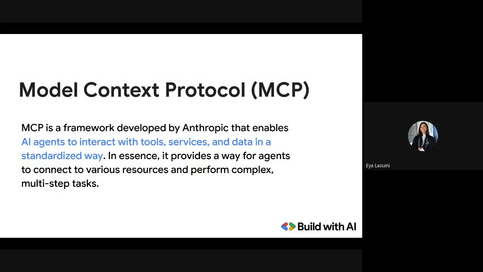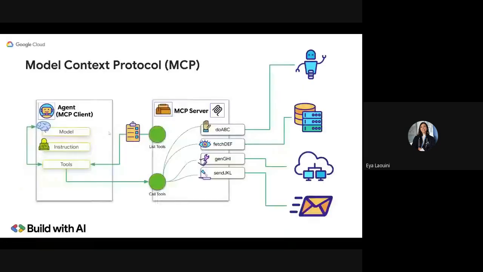So as you said, basically, Model Context Protocol or MCP is a framework developed by Anthropic that enables AI agents to interact with tools, services, and data in a standardized way. It provides a way for agents to connect to various resources and perform complex multi-step tasks. So MCP is basically a protocol that makes the agent connect to different external tools.